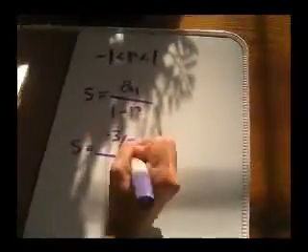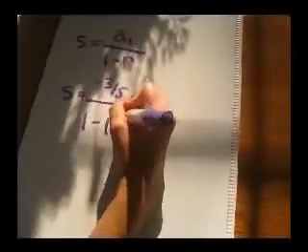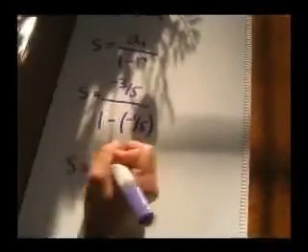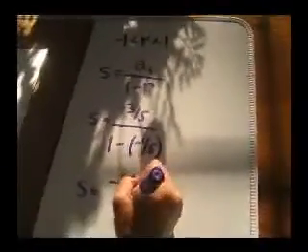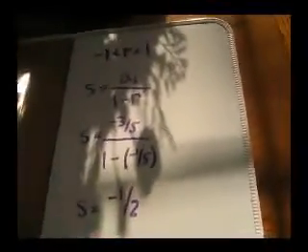You plug in S equals negative 3/5 because that is the first term, and then 1 minus negative 1/5 because that's the r value. When you do all that, it comes out to negative 1/2. Wow, that's right.